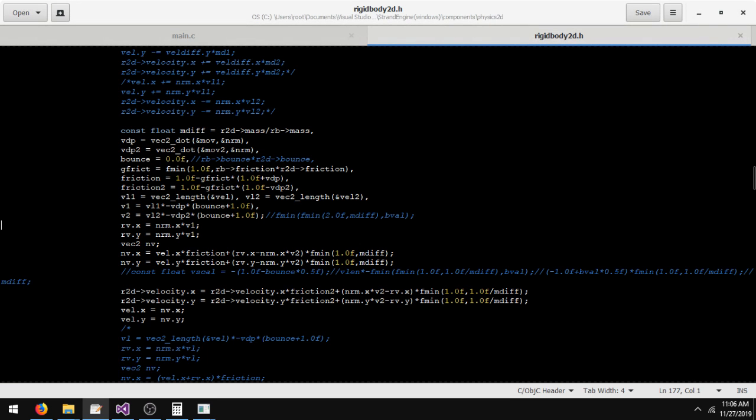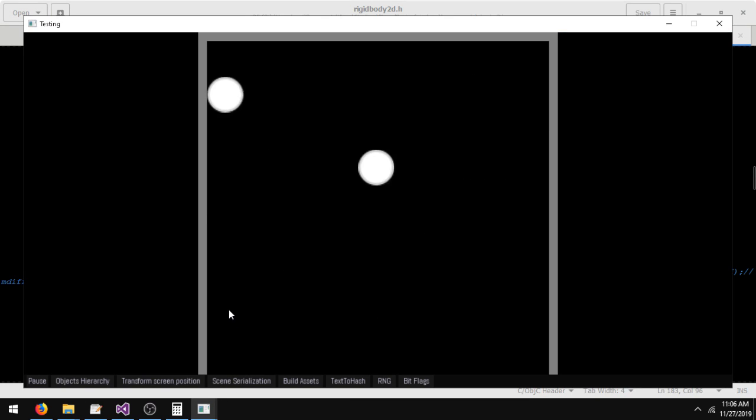The bounce that I'm thinking of is like when it gets this extra mass difference here. I don't know. Right now I still just want to see if this is conserving energy. So far so good.